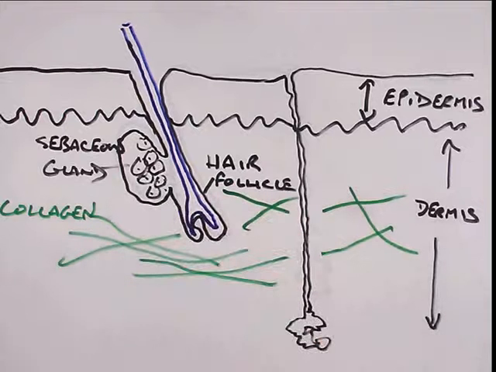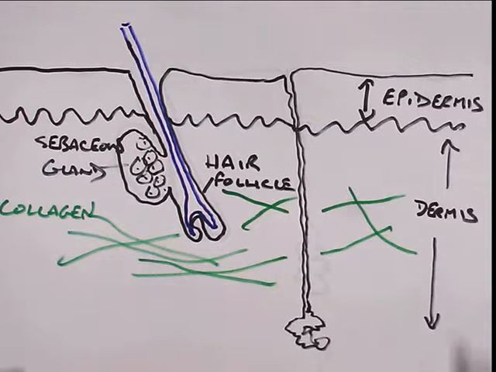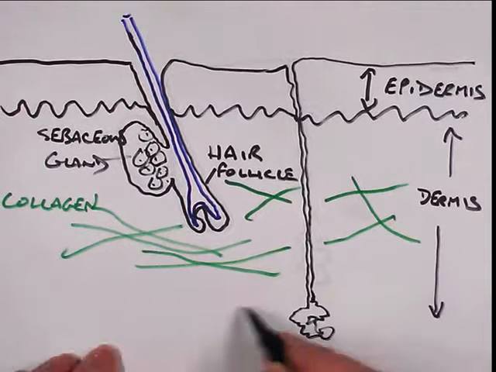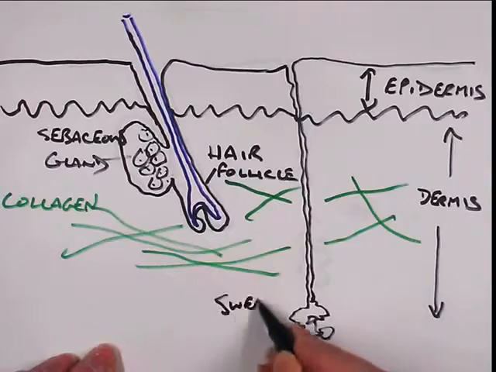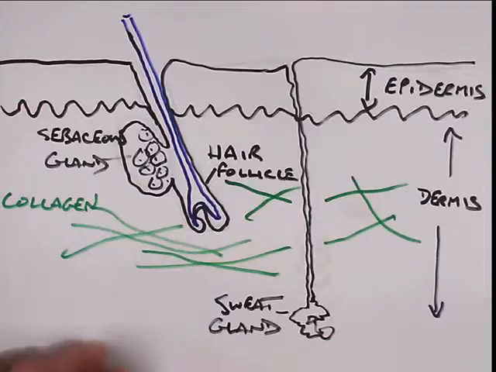The other major structure, and the glandular element of it, the secretory component, is down here. This is the sweat gland. And the cells which do the secretion of sweat, and we've looked at that secretory mechanism in the past. We've looked at it in the context of cystic fibrosis. We talked about how secretion takes place in sweat glands.